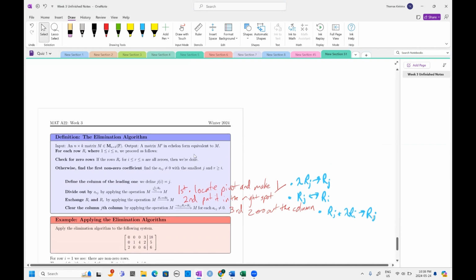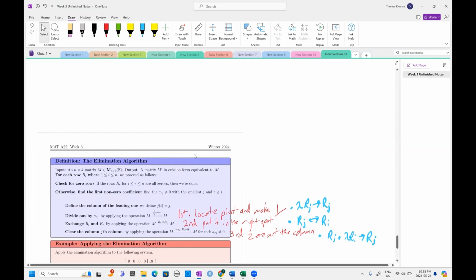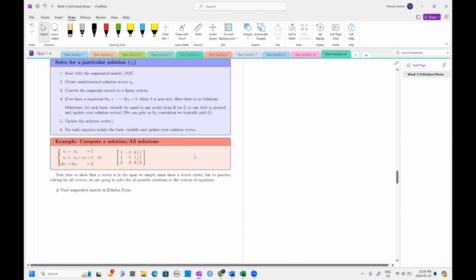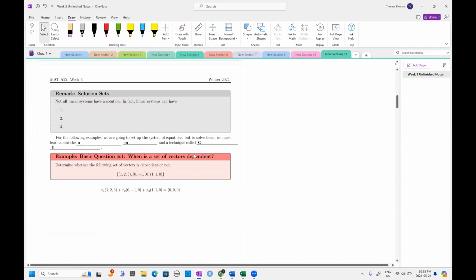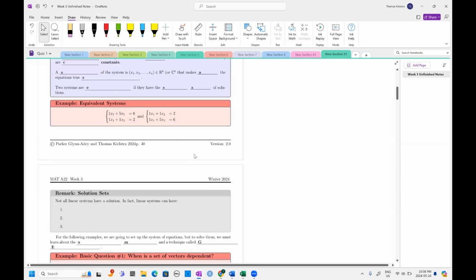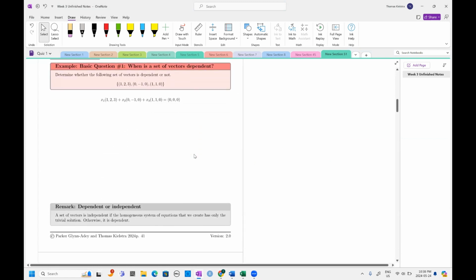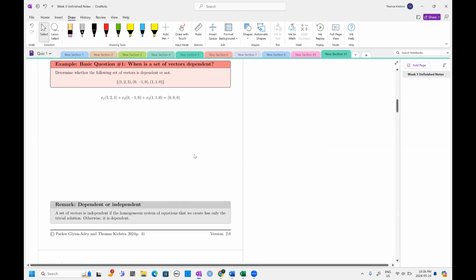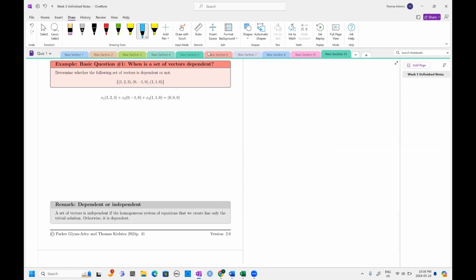Okay, so with that being said, we're going to go through our first example problem. And I've reordered it so that the problems are back to back to back. So we have our first problem where we said determine whether or not the set of vectors is dependent.